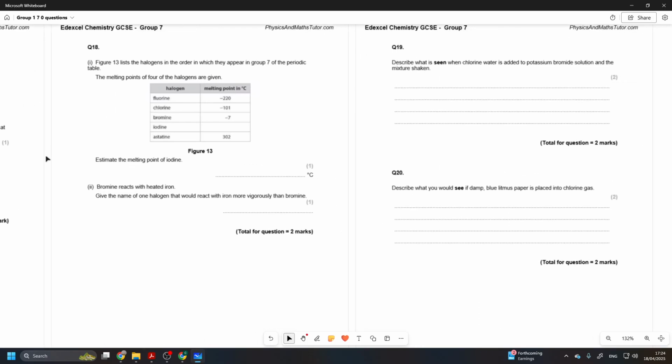Figure 13 shows the halogens in the order in which they appear in group 7 of the periodic table. The melting points for the halogens are given. Estimate, so have a sensible, mature guess at the melting point of iodine. Looking at it, they are going up about 100 at a time, possibly.